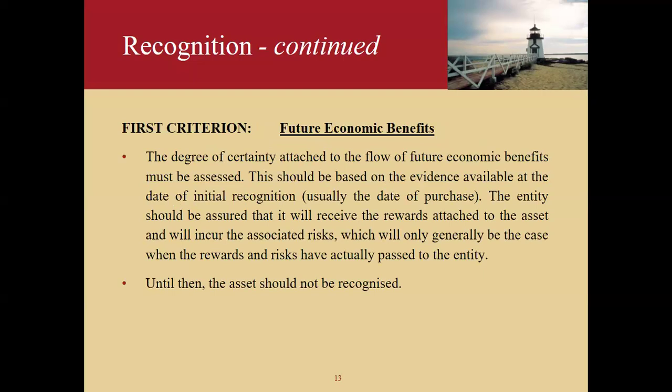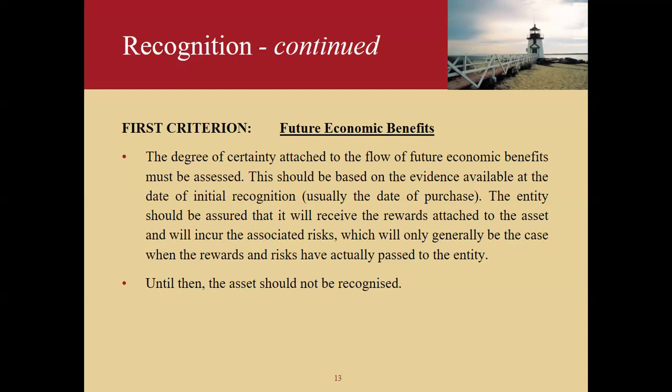So in recognition, we are going to look at the first criterion, which is the future economic benefits. The degree of certainty attached to the flow of future economic benefits must be assessed. This should be based on the evidence available at the date of initial recognition, usually the date of purchase.